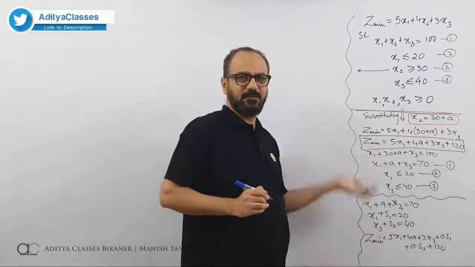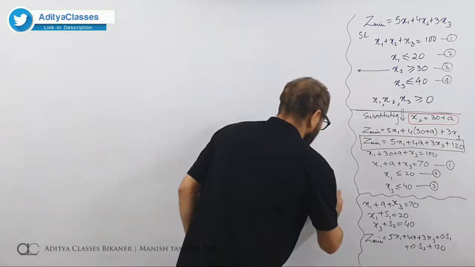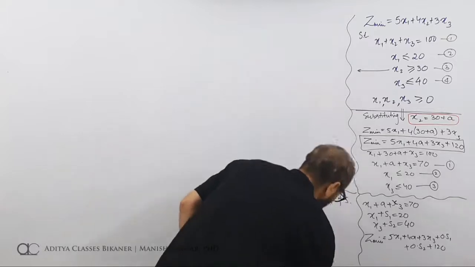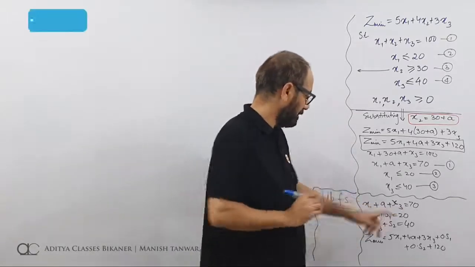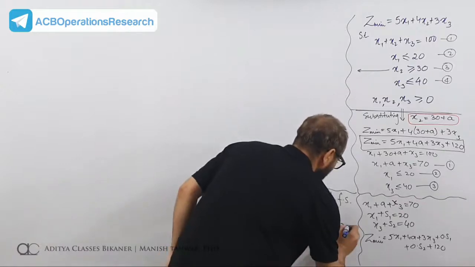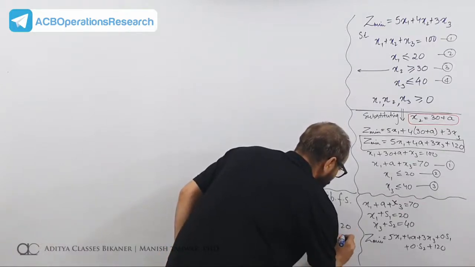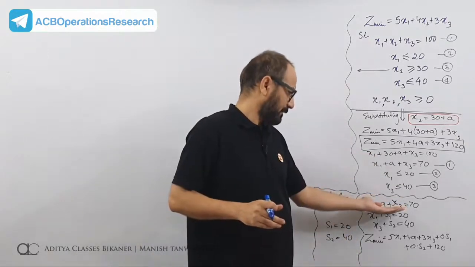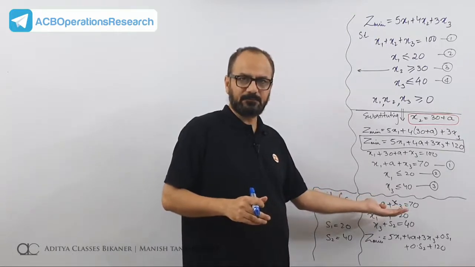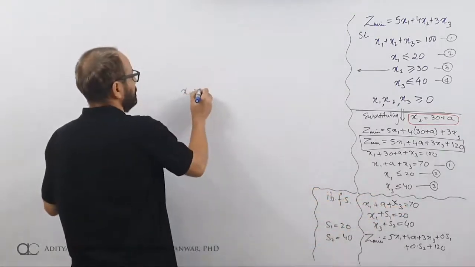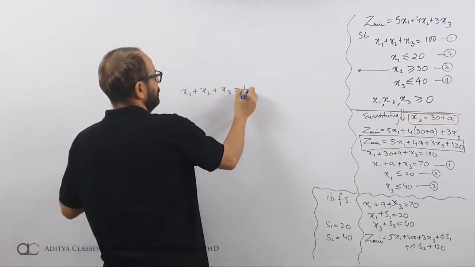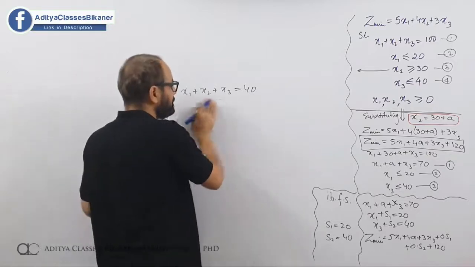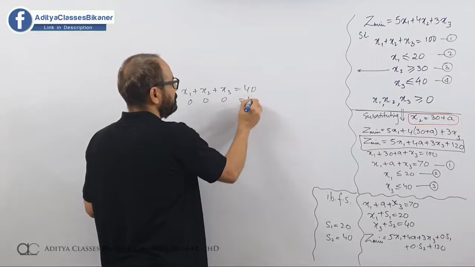Next, once we have our standard form, we can go for the IBFS. What will be my IBFS? From here I will get S1 is equal to 20, here I will get S2 is equal to 40, and for equality type constraints, if it were like x1 plus x2 plus x3 is equal to 40, in order to get the IBFS from this, if I put all decision variables equal to 0, it will make 0 equal to 40.